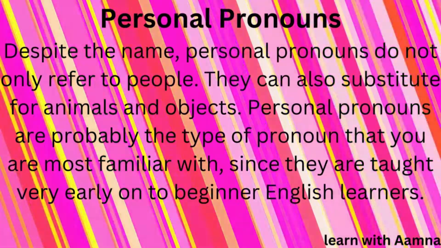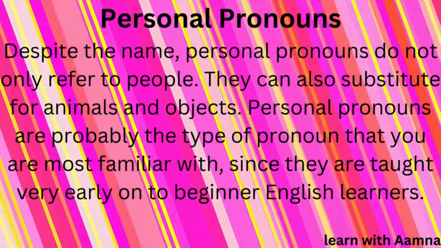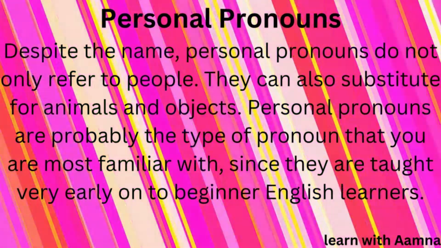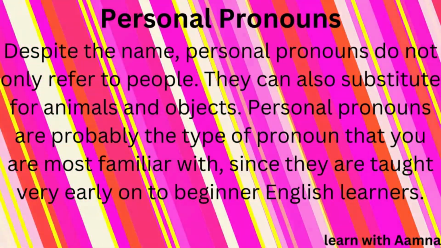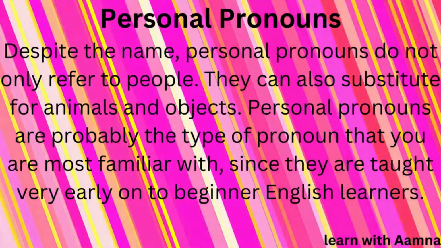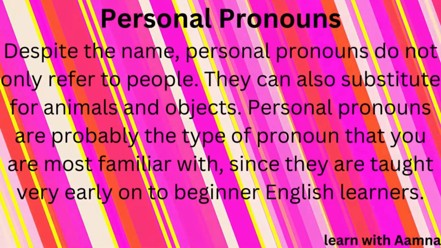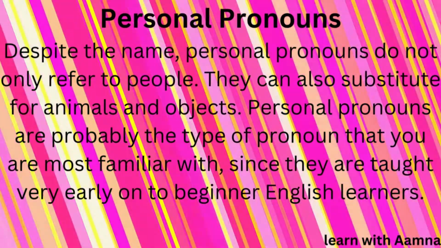So, type number 2 is object personal pronouns. Object personal pronouns function as objects. There are 3 types of objects in English: direct, indirect, and prepositional. But don't worry, they all look the same. Direct objects answer the question who or what.